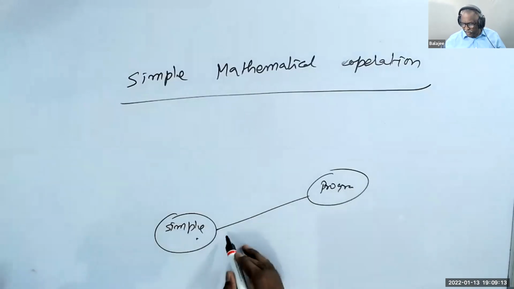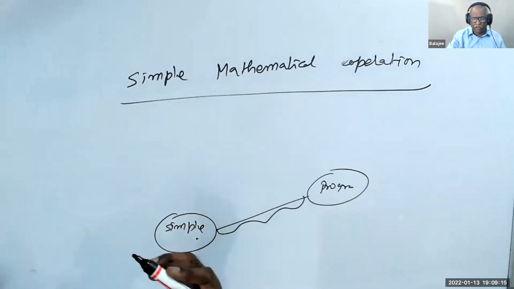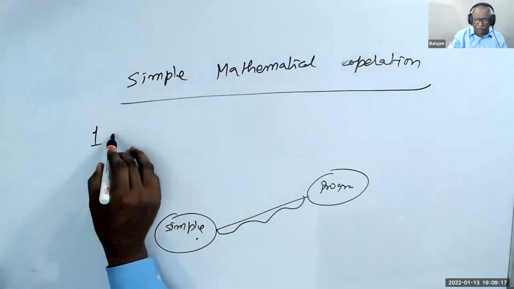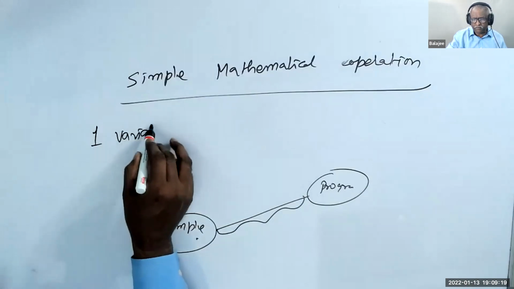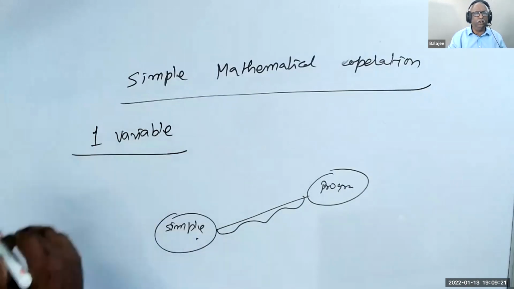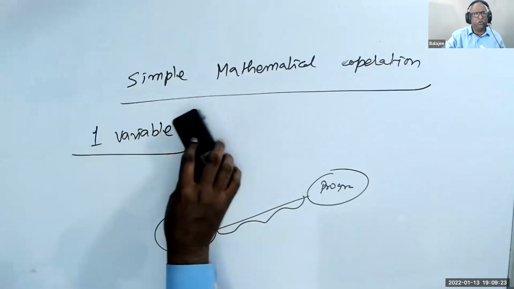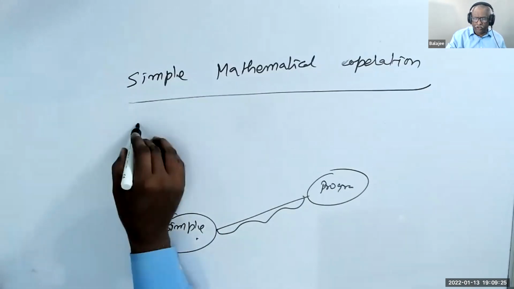Now you are doing only one variable. Please learn one thing: do only one variable. This is what, generally in industry, we call domain knowledge.